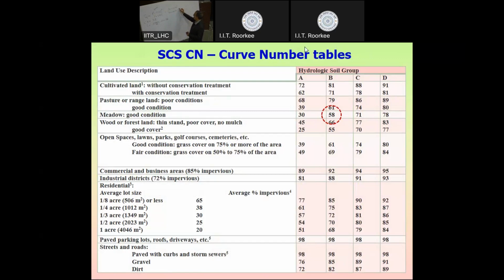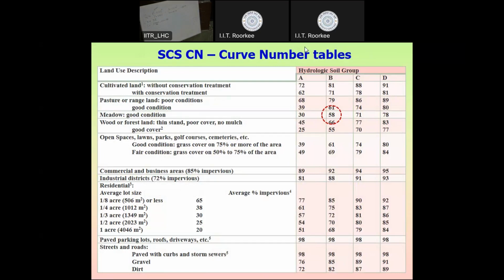What do we have? 0.83, 0.8388. So this will be the runoff produced by this water current in the pre-development stage.